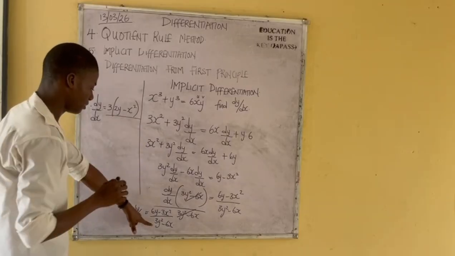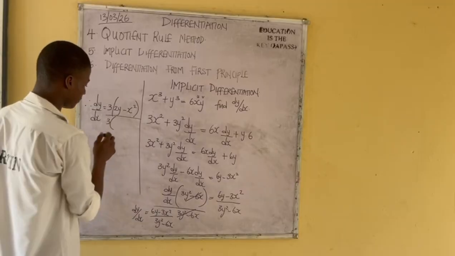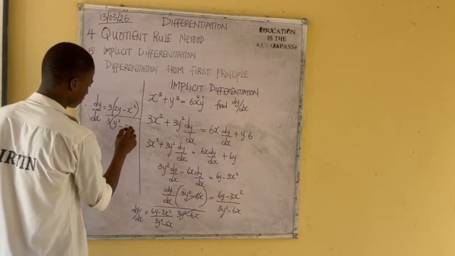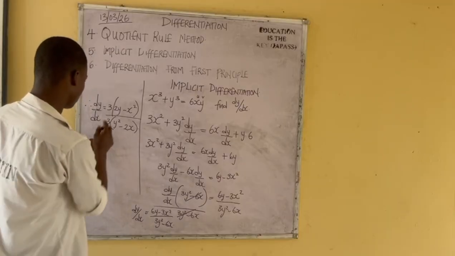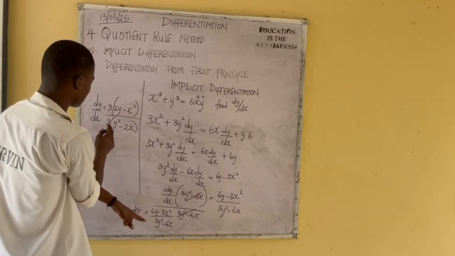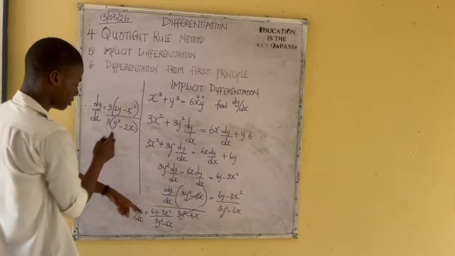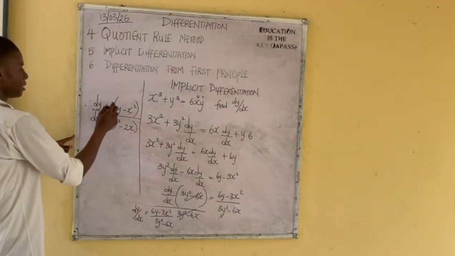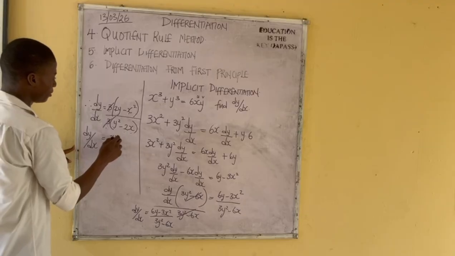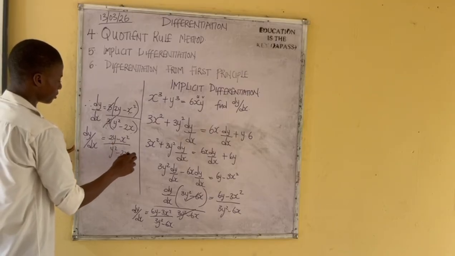Then over, 3 is a factor of 3 and 6, so I'm bringing out 3 again, and I'll have y squared minus 2x. So dy over dx equals 2y minus x squared over y squared minus 2x.